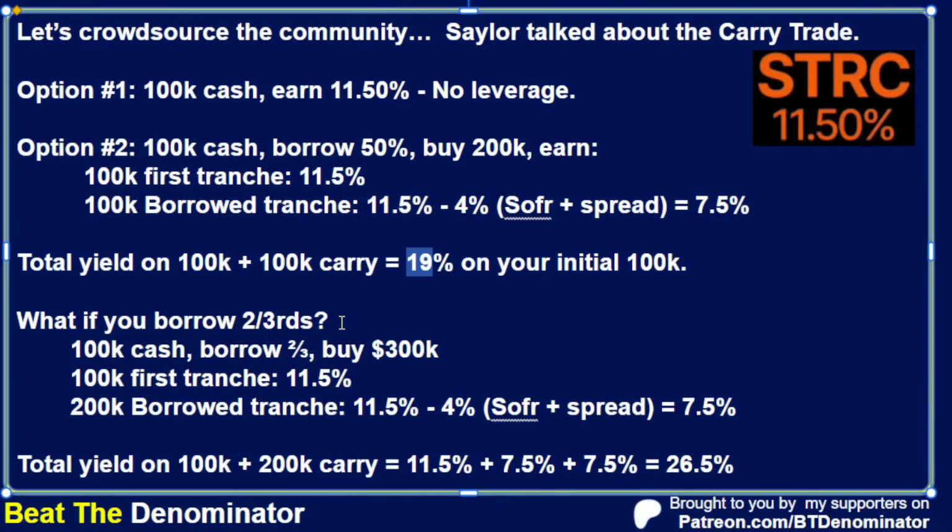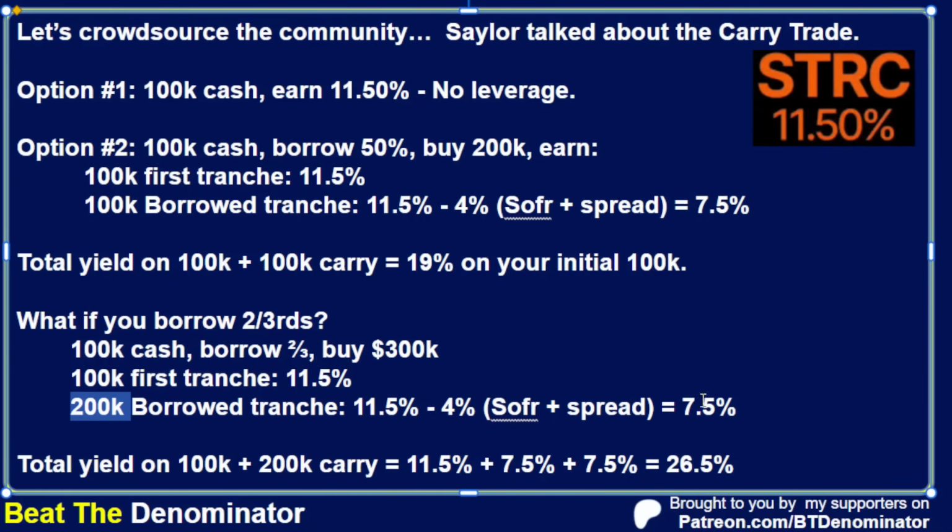Now, what if you were to borrow 2/3 of the money, which you can also do with pristine collateral? Let's assume $100,000 in cash, you borrow 2/3. That means you buy $300,000 worth of Stretch. The first tranche, of course, is yours, 11.5%. Then you borrow 200,000, and you arbitrage on that, 11.5% minus 4%.